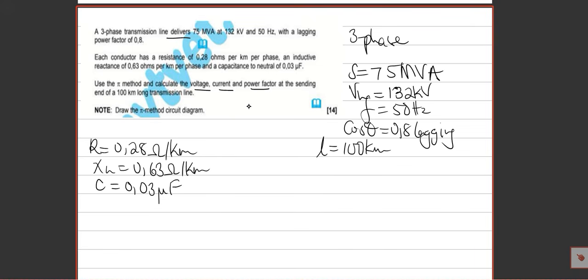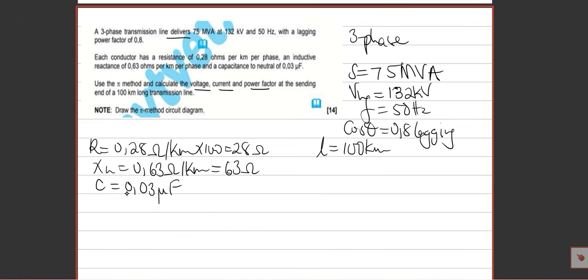What you do with this 100 is, its purpose is meant to simplify these values which are measured per kilometer. So you just multiply that by 100. This is going to be 28 ohms. This times 100, this is going to be 63 ohms. The purpose is to cancel out these kilometer expressions. So 100 kilometers times this, the kilos will cancel out. We're not sure about this capacitor.